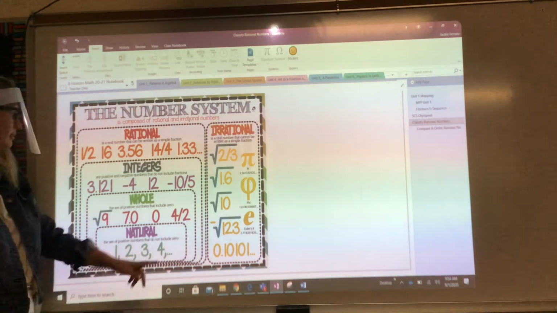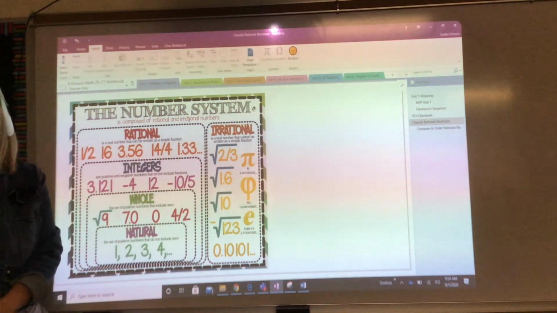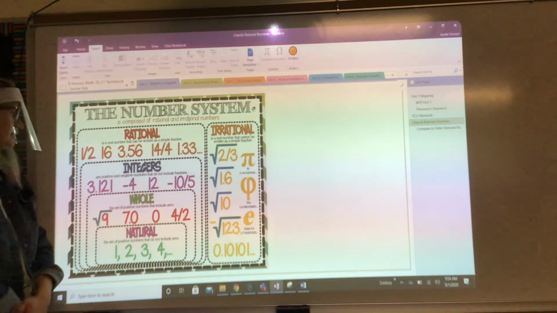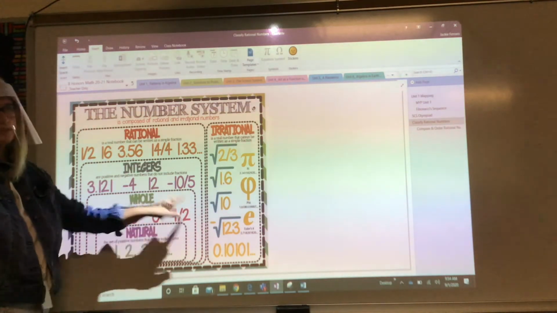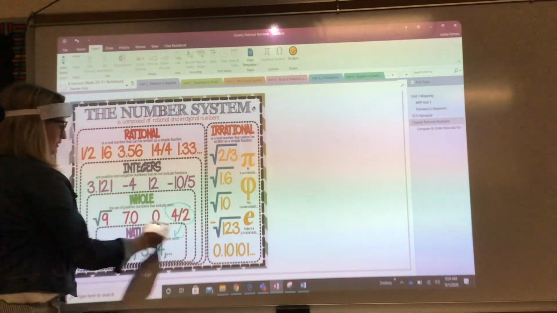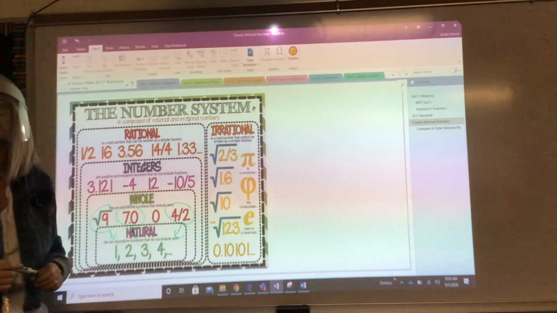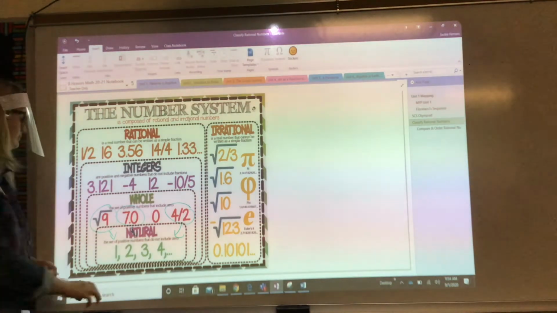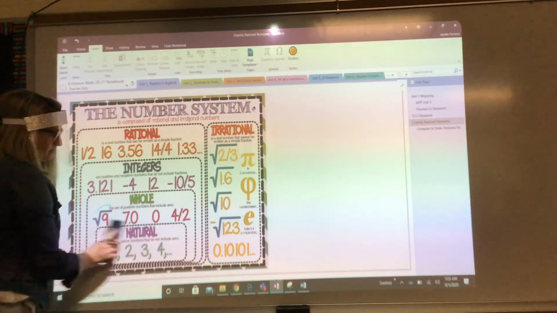No. What about 4 divided by 2? Yes, that's 2, so this would be considered the number 2, and 2 is whole. 2 is also natural. So technically we could move this one and this one down into natural numbers, because they're natural and also whole.